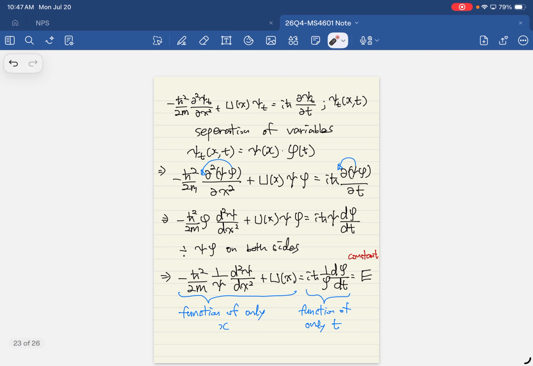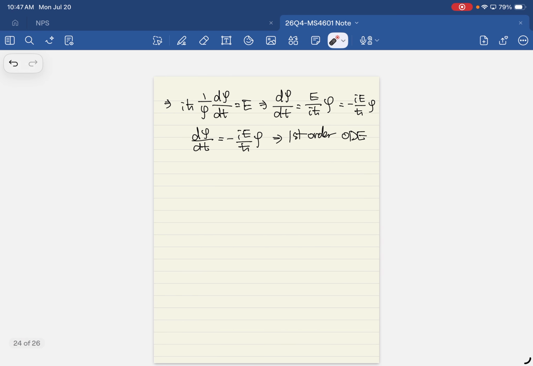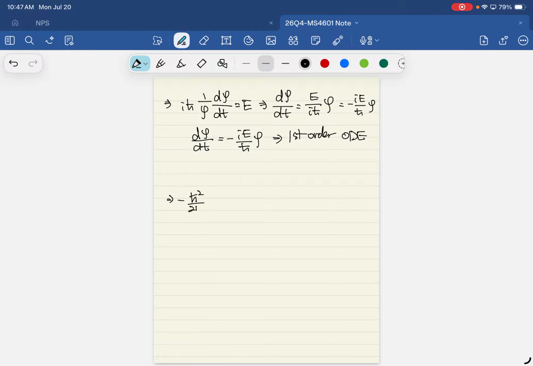If you look at this, that is essentially this part, and the other set is this one with the constant. Let us write that as well. The second set is minus h bar squared over 2m times 1 over psi d squared psi over dx squared plus u equals E. So this is the first set and this is the second set.